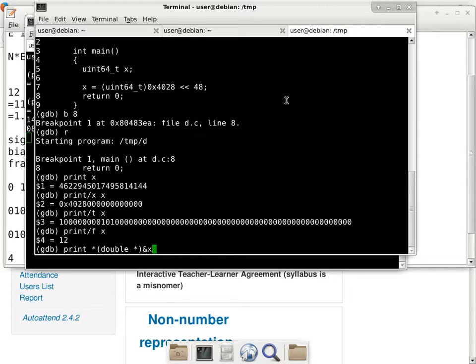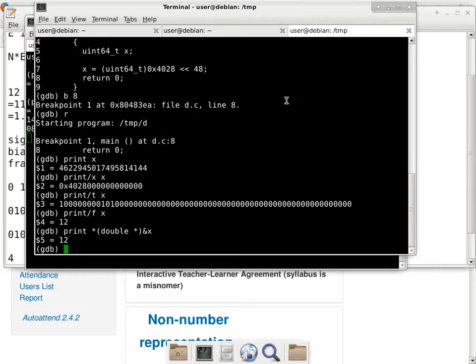How should I interpret those individual bits? Those 64 bits are a double precision floating point number, and print it as such. That's basically what this print command is going to do. So this is validation that we are in fact dealing with a value of 12, but represented as a double precision floating point number.